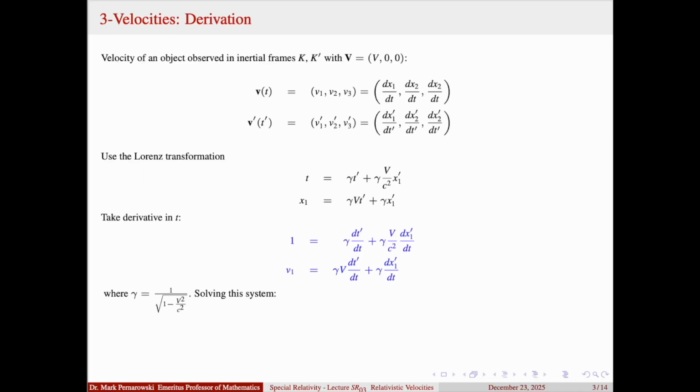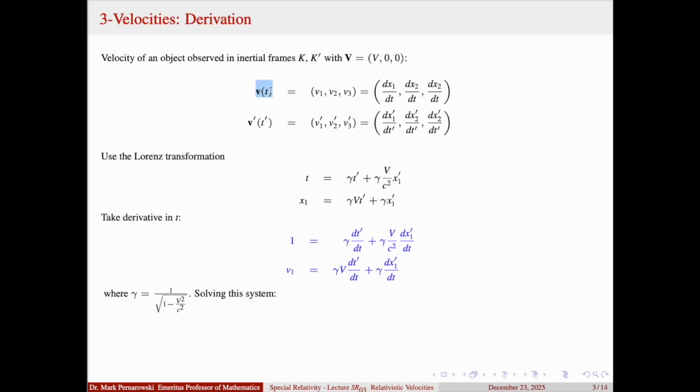So we have these two frames, K and K prime. Again, I'm going to start talking about two frames, and the two frames are moving with respect to each other at a constant speed. If I am an observer sitting in frame K, I might observe an object that is moving with a velocity v of t.